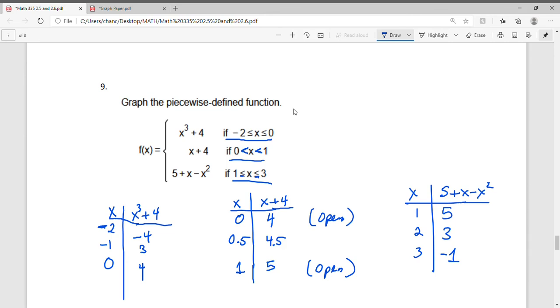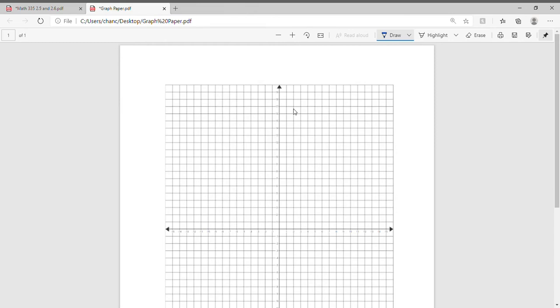Since we have all the points now, let's go to our graph paper and do the problem on the graph. We'll plot the point -2, -4. This is a closed circle. We'll plot -1, 3, 0, 4.